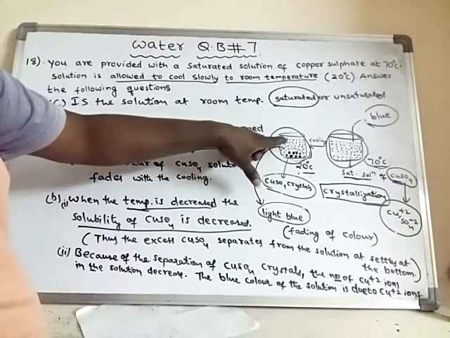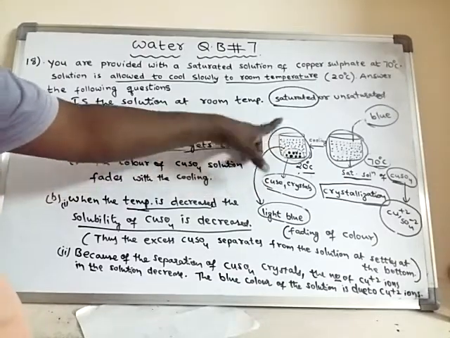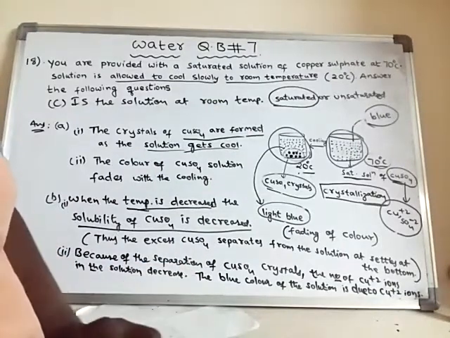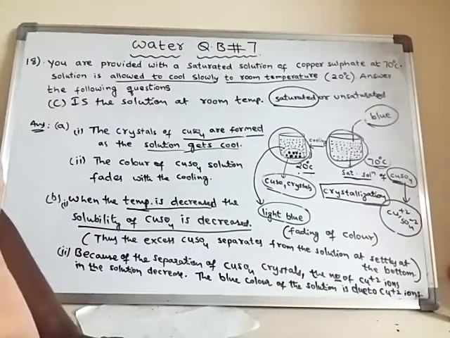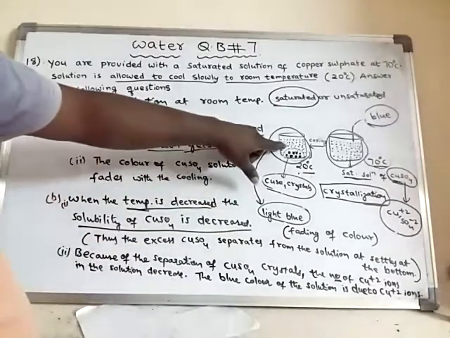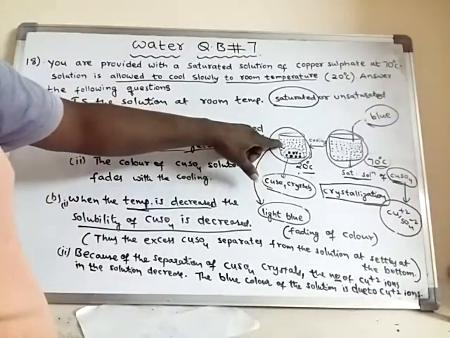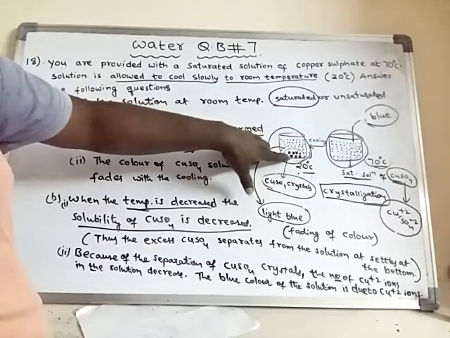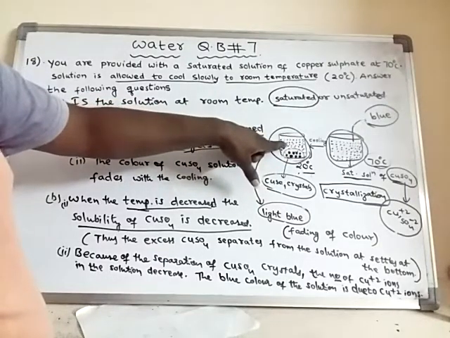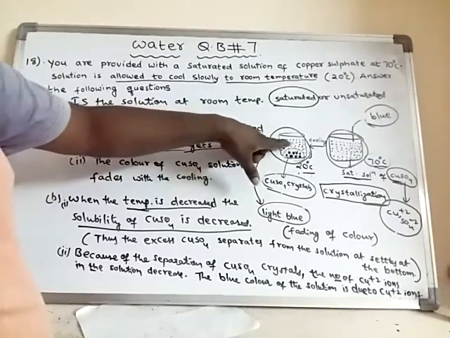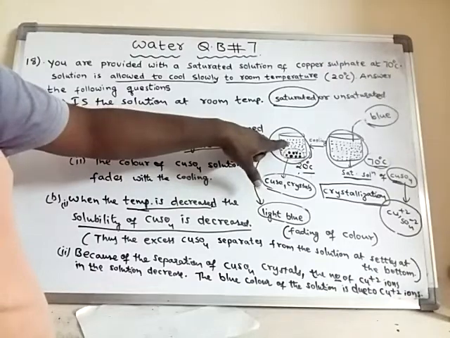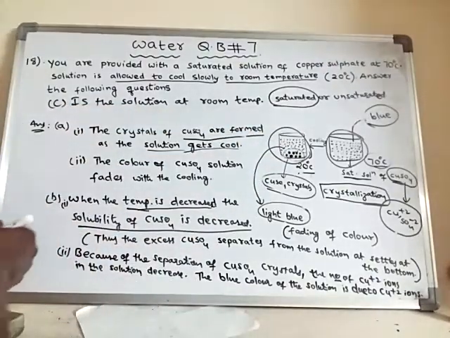What is a saturated solution? A saturated solution is one which cannot dissolve any more solute into it. By looking at this solution, it is understood that this copper sulfate is unable to dissolve in it. Hence this solution is said to be a saturated solution only.